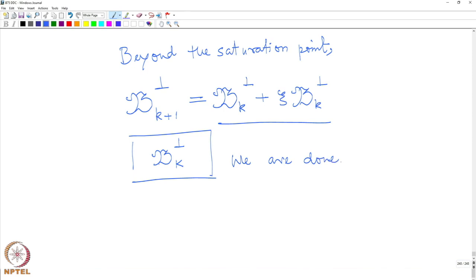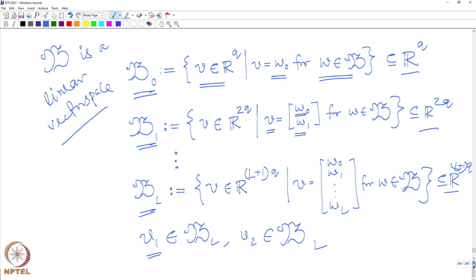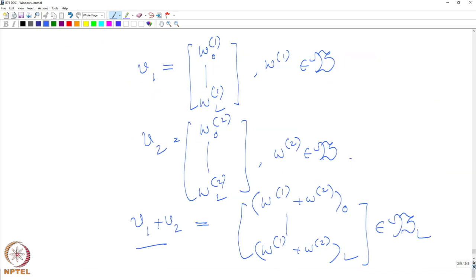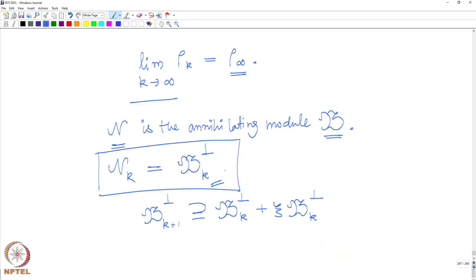But now here, instead of one trajectory, if we have data for all possible trajectories, which is in fact the collection of these restricted behaviors Bk, and if we have information about that, then we can identify the system B itself.